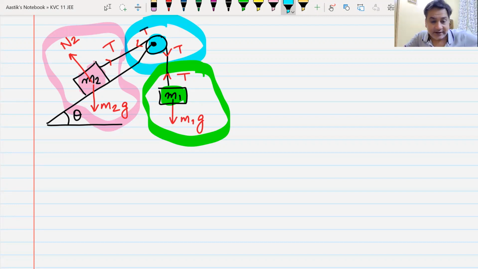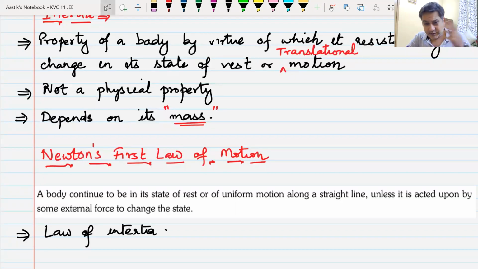Okay, having said that, let us go back and see what Newton's first law of motion was. Newton's first law of motion was very simple, and it states that if a body is at rest, it will remain at rest. If the body is in motion, it will continue its motion unless an external force acts on it.